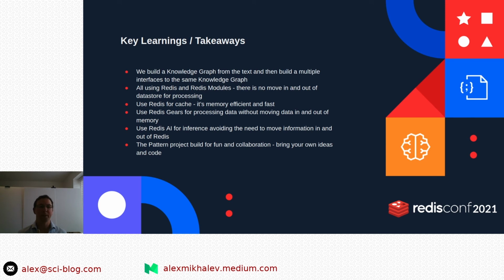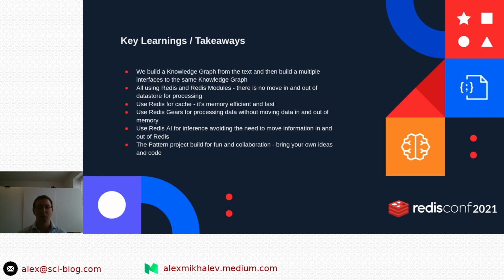The key learnings and takeaways I would like you to take from my presentation are that using Redis only and Python, we built a knowledge graph from text, and then we built multiple interfaces to the same knowledge graph. Once you build a knowledge graph, it becomes relatively straightforward to build different types of interfaces which work in common. All of it uses Redis and Redis modules.